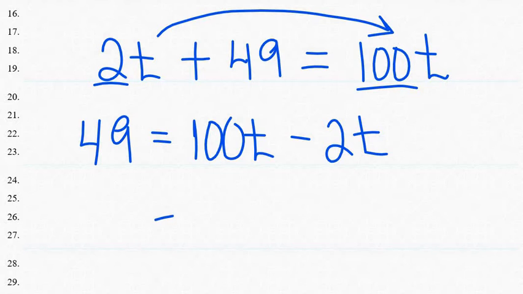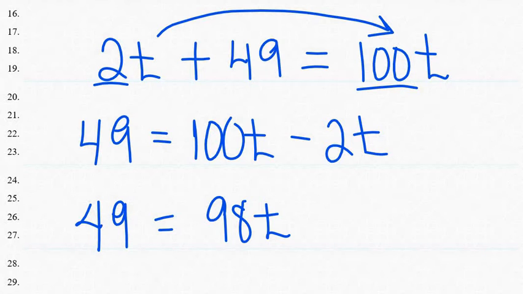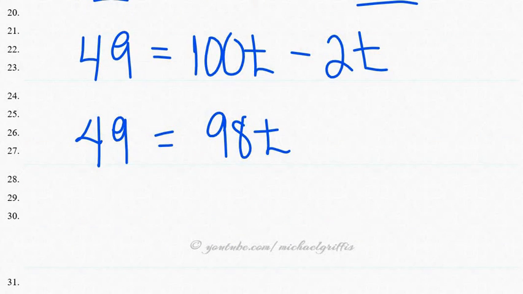So this becomes 98t and 49. So to isolate that t, we're going to multiply by the reciprocal of 98, which is 1 over 98, to both sides.